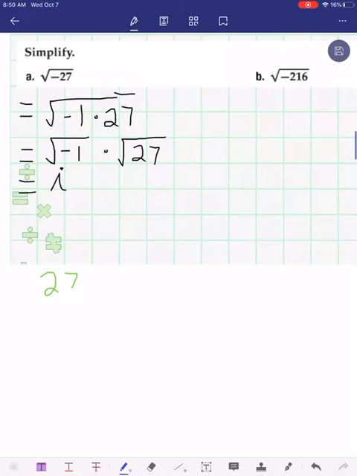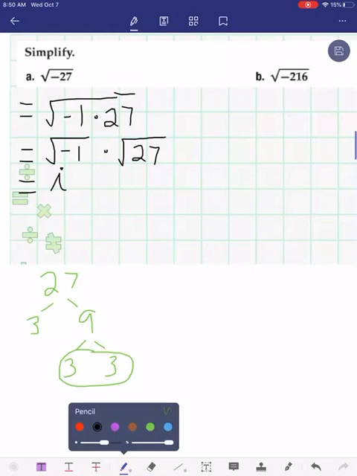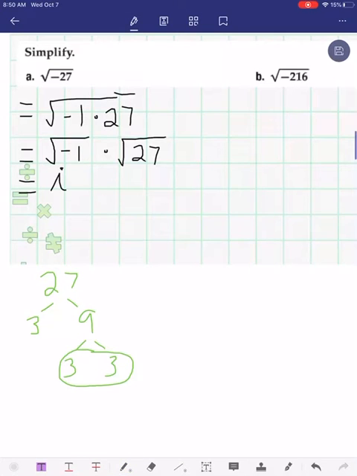So then my next number is 2. 2 does not go into 27. And then my next number is 3. So 3 times 9 gives me 27. And then 9 can be broken apart into 3 times 3. So notice that I have a group of 2, which is the 3 times 3.